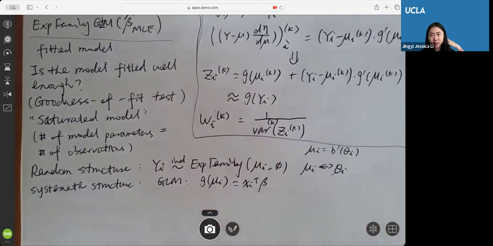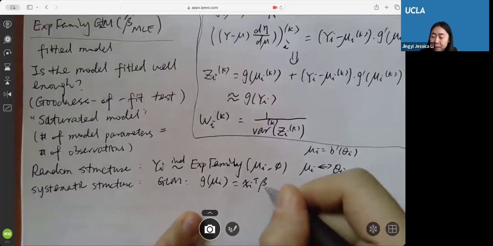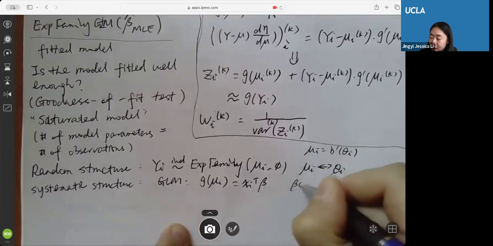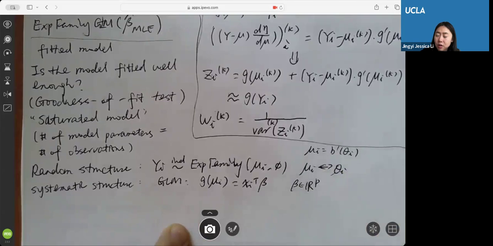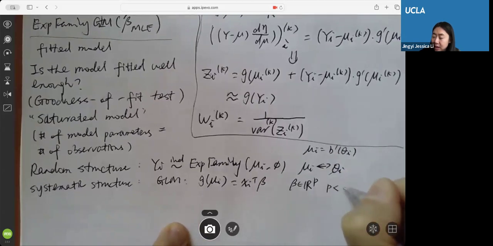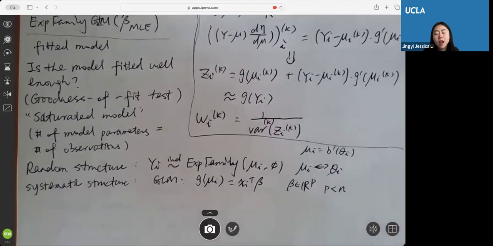Beta is not specific to the ith observation, but is a common effect coefficient vector. We also know the dimension of beta is p, and in the classical setting, p is less than n, so we have fewer predictors than observations.